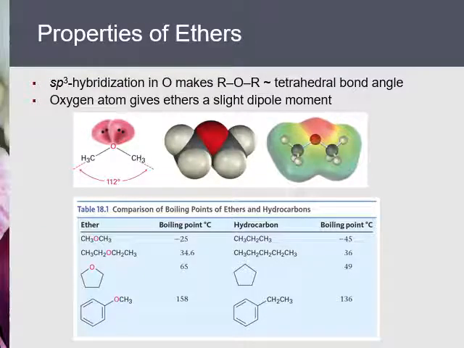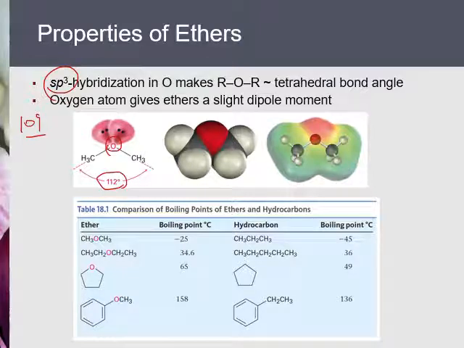In ether molecules, the oxygen atom is sp3 hybridized. The ideal angle in sp3 hybridized molecules is 109 degrees. In dimethyl ether, the angle is 112.